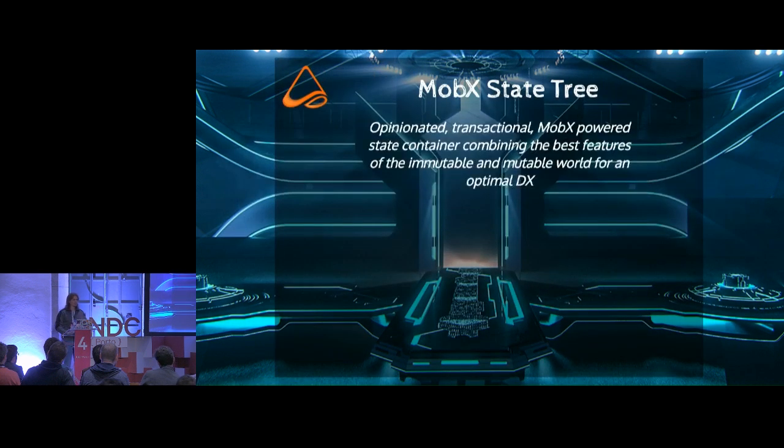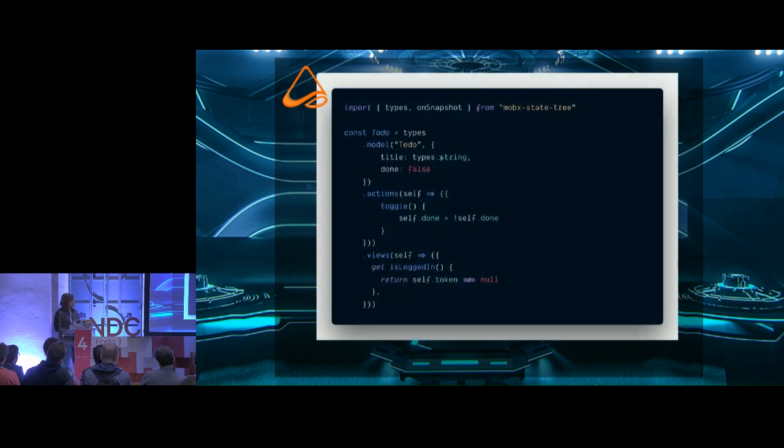So that's why I prefer, for example, to use MobX State Tree. It's kind of a love child of both of them, of Redux and MobX. And basically, it gives you a more structured way to work with your state management. So it's a quote from the official docs. I won't read it. But it looks like this.